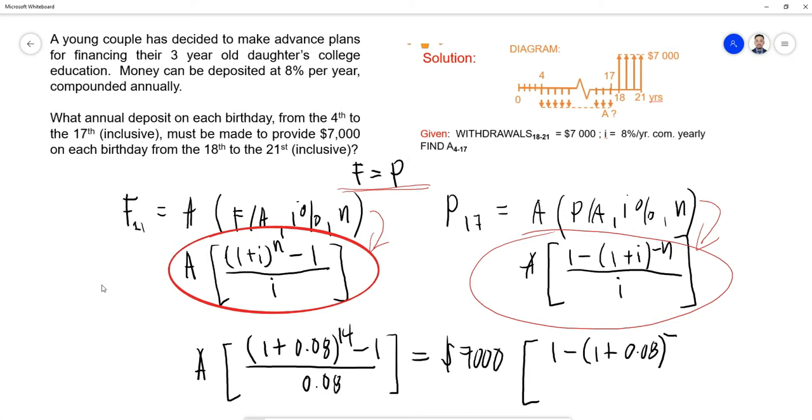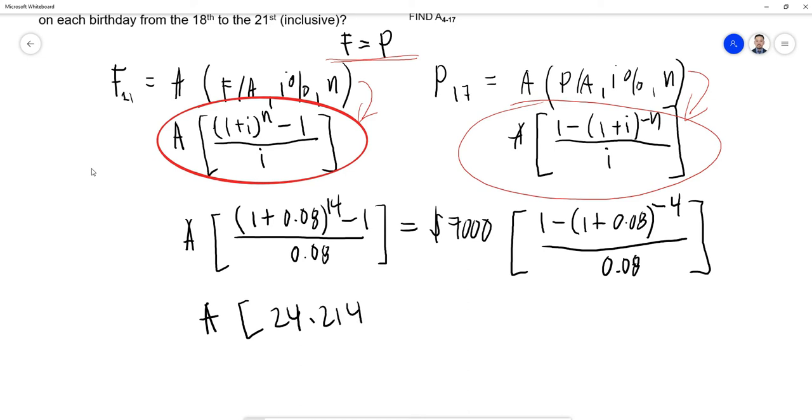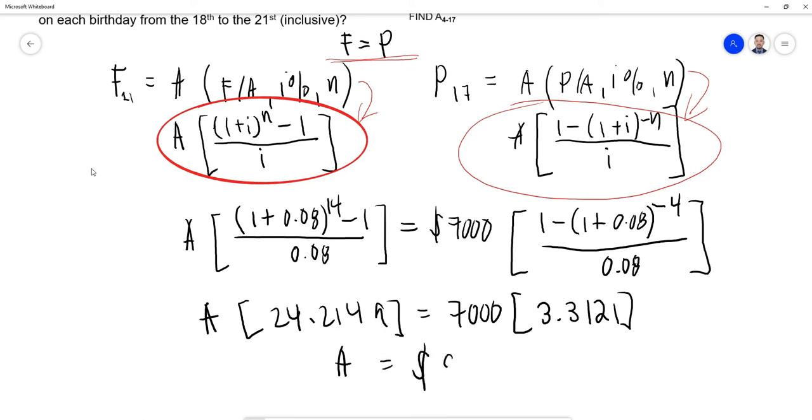So we have 4, raised to the negative N is 4, over I, which is 0.08. Now we can solve for A. Therefore, A is equals to $957.